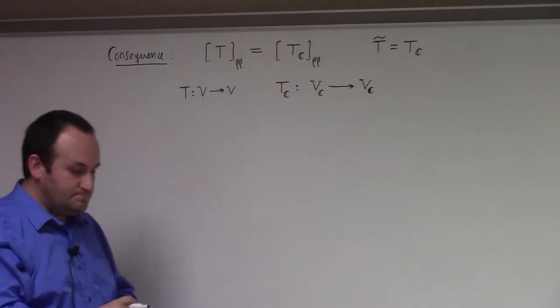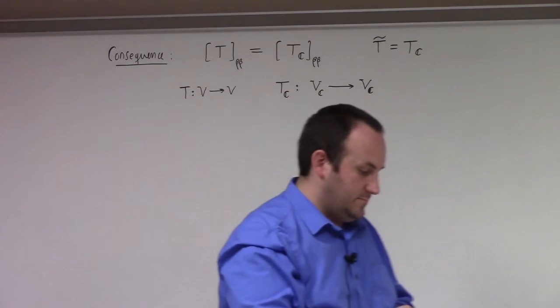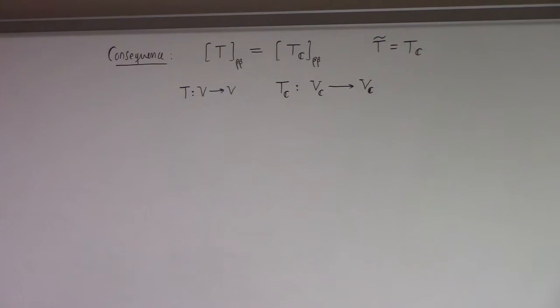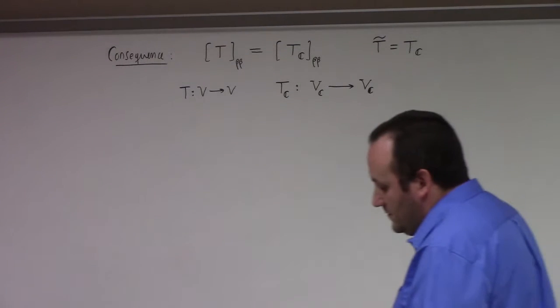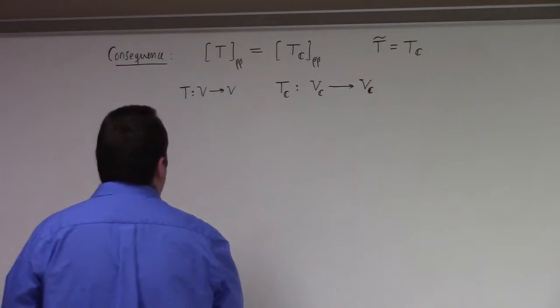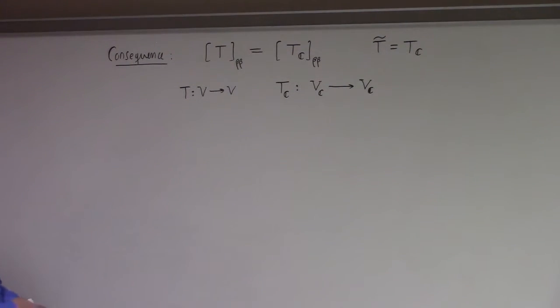So in principle, if you look at the matrix of an endomorphism of a complex vector space, you should get an n by n complex matrix. But that's not the case here, right? If you're looking at the complexification of a real transformation, you still get a real n by n matrix.